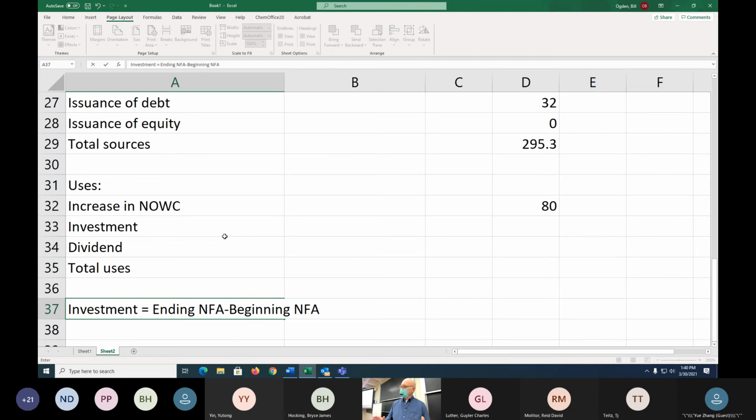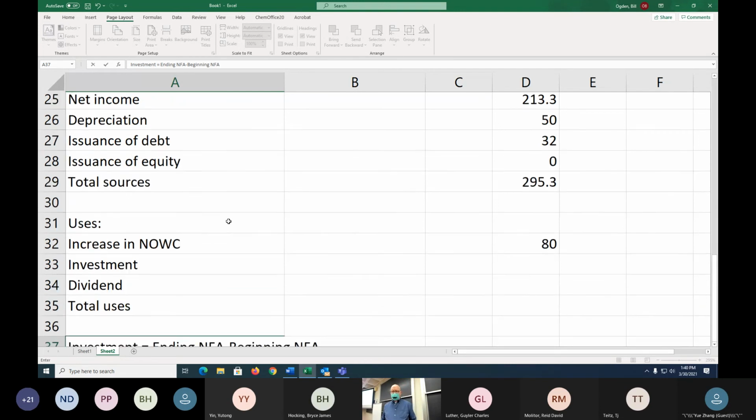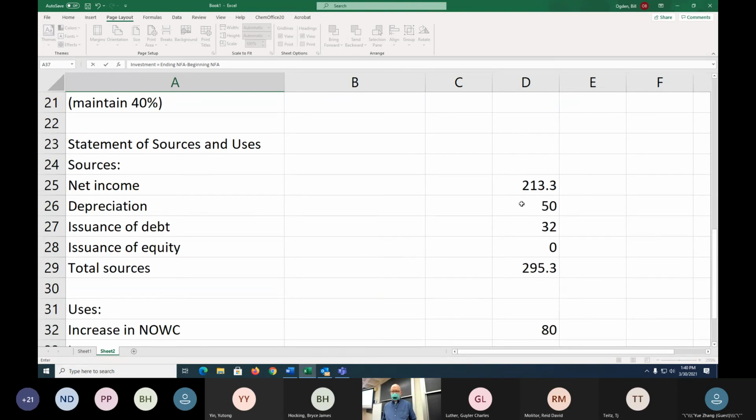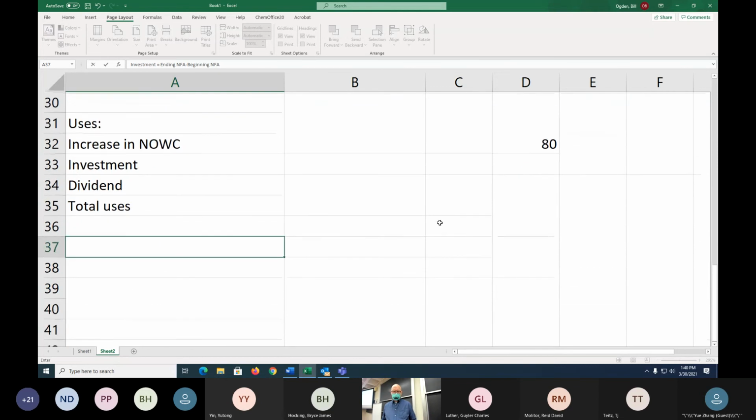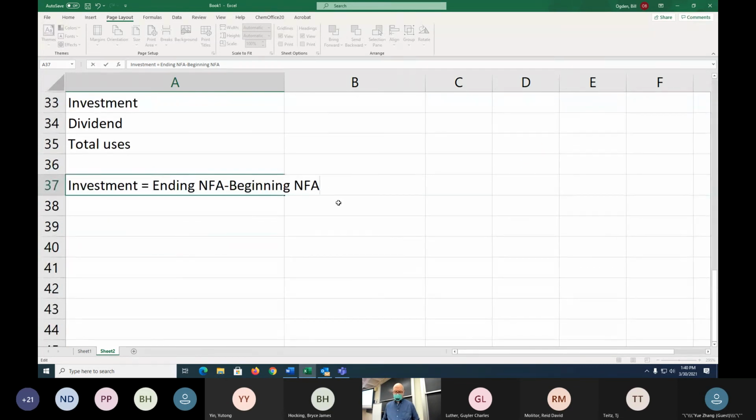Yeah, that's all we did, right? We just subtracted. But now we've added 50 up here, and so to make this work, you have to add the same 50 here. So we're going to say plus depreciation.